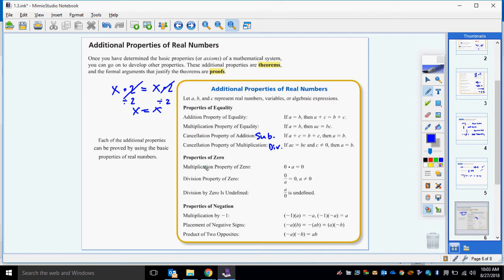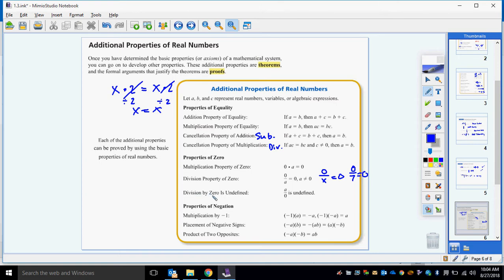Properties of 0. The multiplication property of 0 is saying anything times 0 is 0. 0 times 7 is 0. A times 0 is 0. Anything times 0 is 0, and you can write that there. The division property of 0 is saying if you take 0 divided by anything, your answer is always 0. 0 divided by 7 is 0.